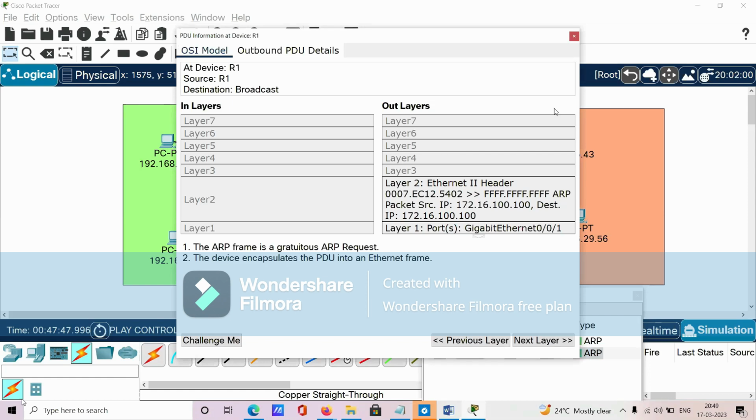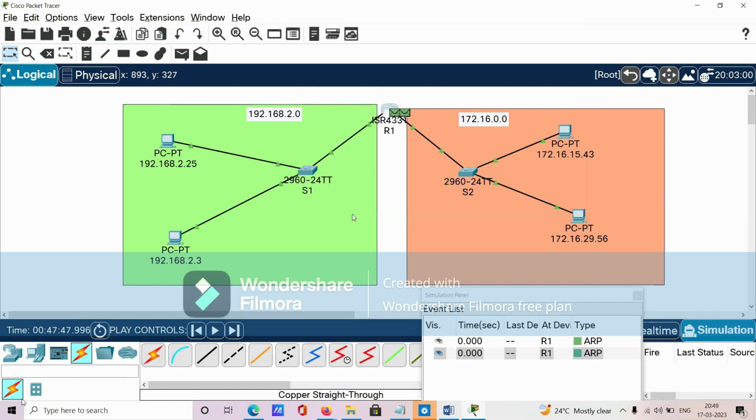So two ARP messages have been generated, and now look, both ARP messages go towards their respective networks. Notice one thing: both these ARP messages will be going towards their respective networks. They are not crossing each other.